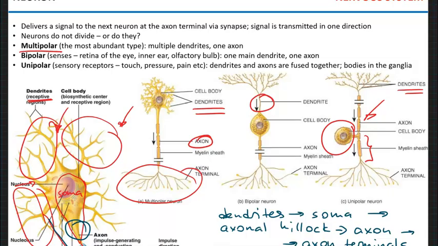I'm telling you this, but I'm not going to ask it. Multipolar: a lot of thinking and motor stuff. Bipolar: special senses for the most part. Special senses include sight, hearing, taste, and smell. Unipolar are general senses, such as touch, temperature, and pain.